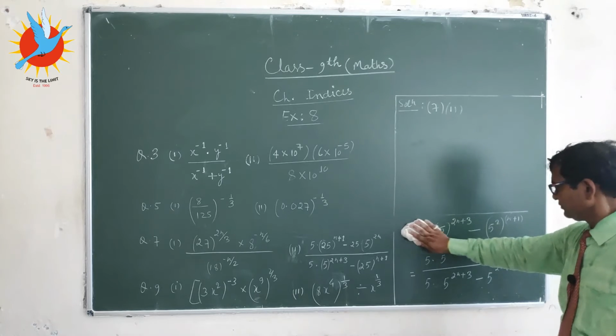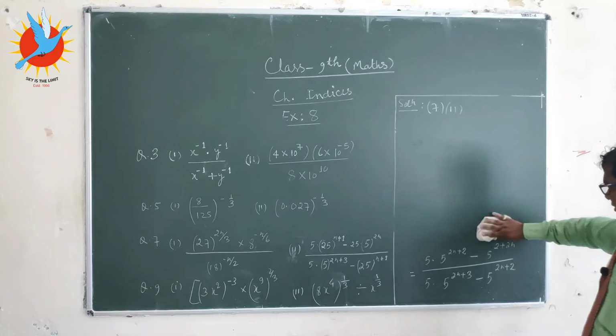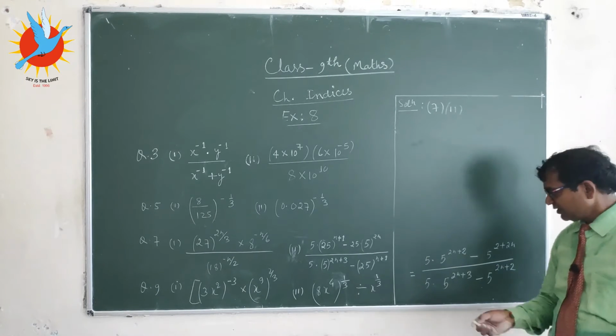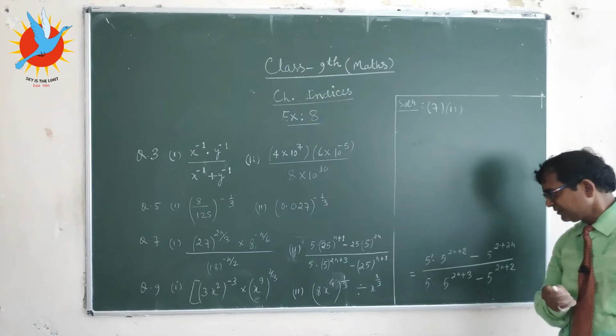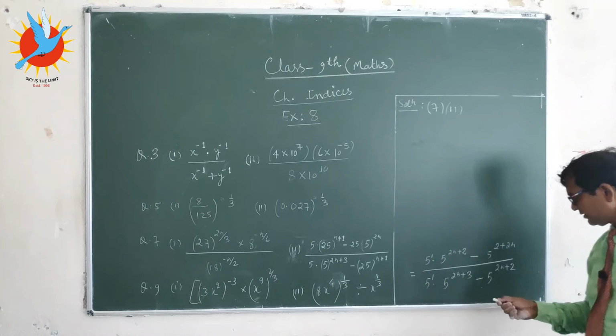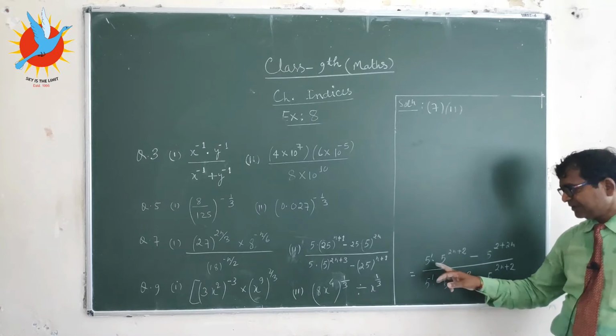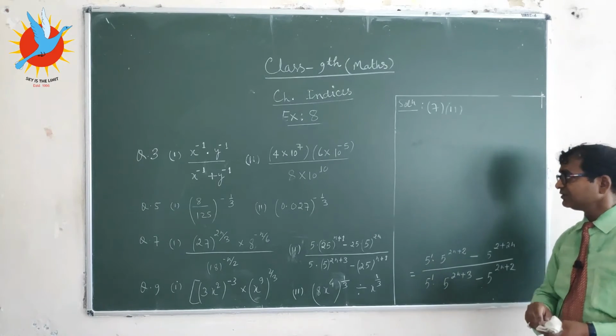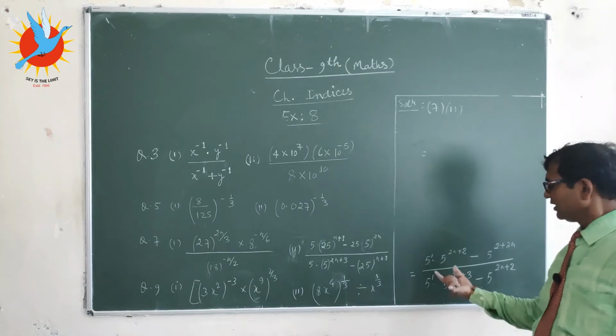Now further we have here power 1, here also power 1. Now after multiplying these two, powers will be added and converted into a single exponent.